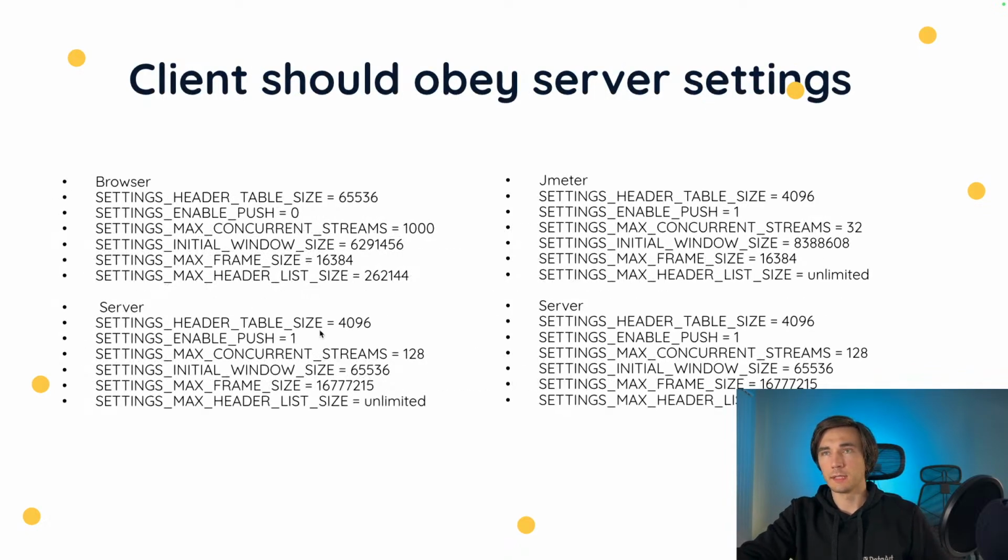For example, in this case, it's a comparison of Chrome versus server, and Chrome JMeter versus server. Here, the server allowed us to send a maximum of 128 parallel streams, so the browser will send no more than 128.